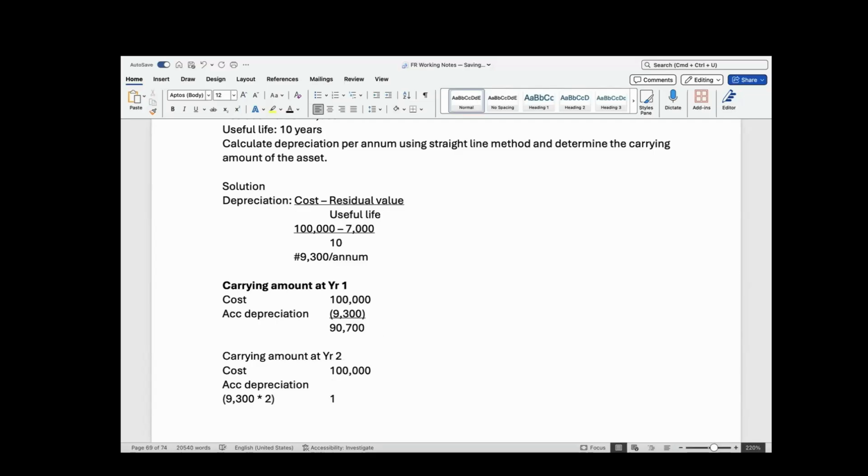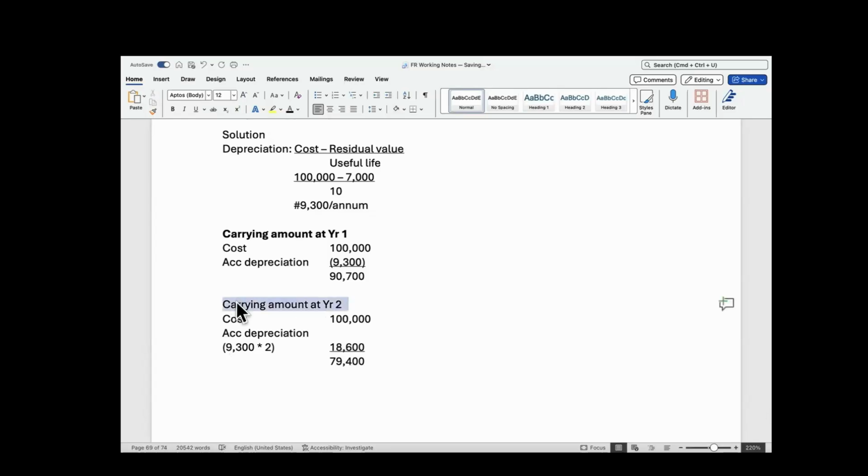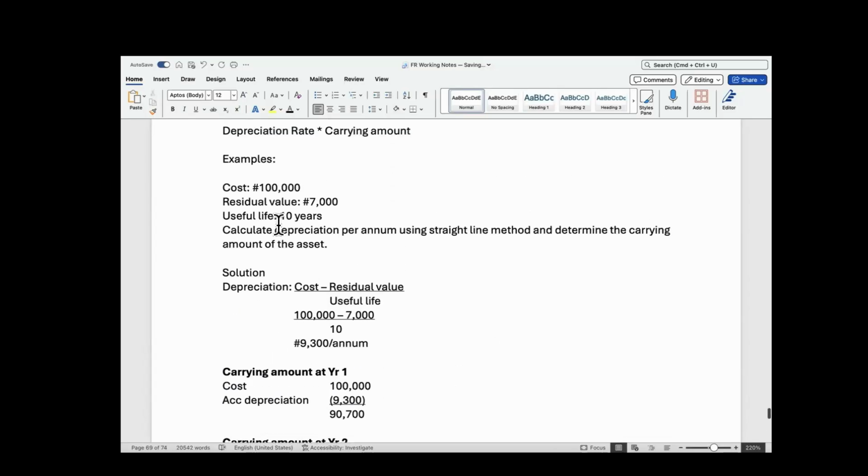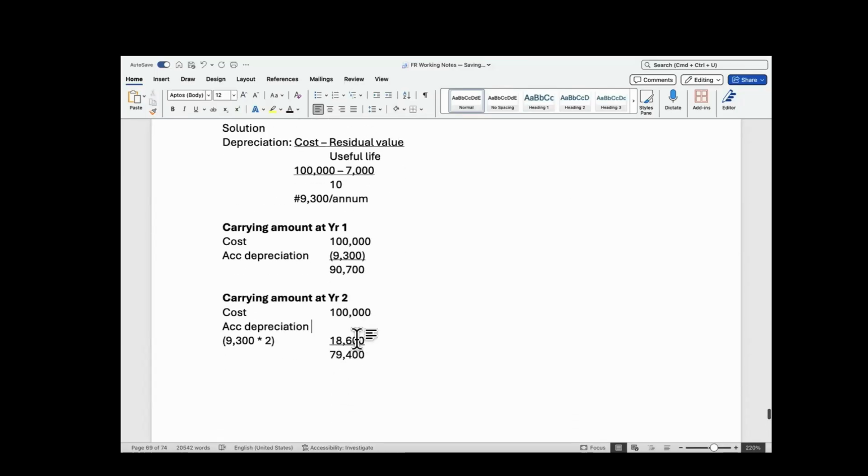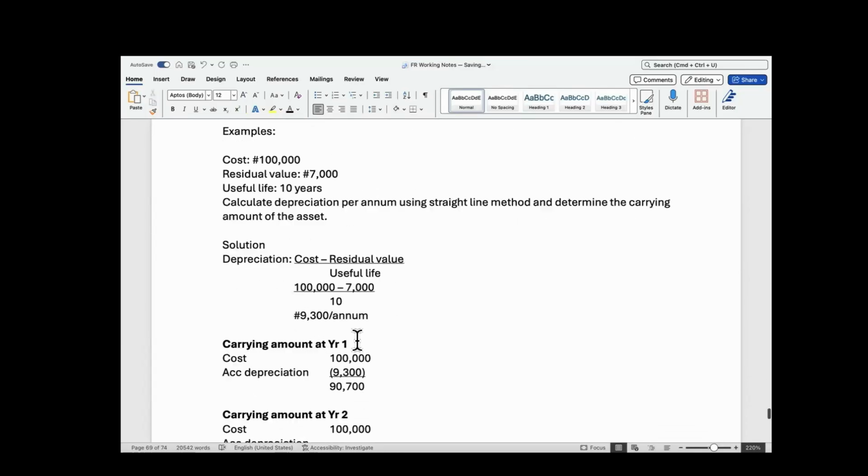I guess that will be 18,600, right? So what will be my carrying amount in this case? That would be 79,400. Remember, with this solution, I can do the same thing for year 3, year 4, year 5, year 6, up to year 10.